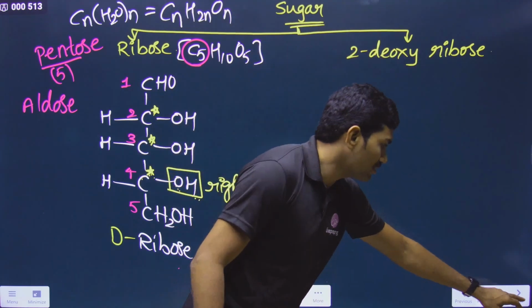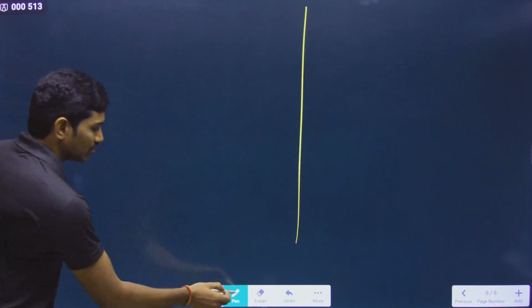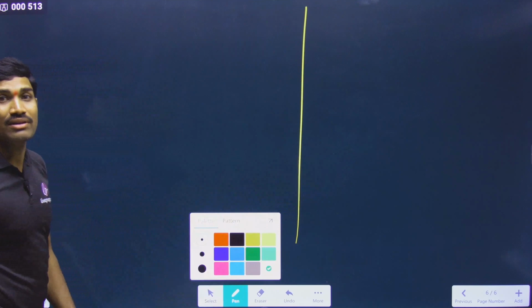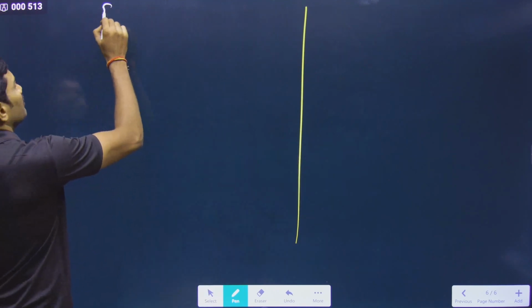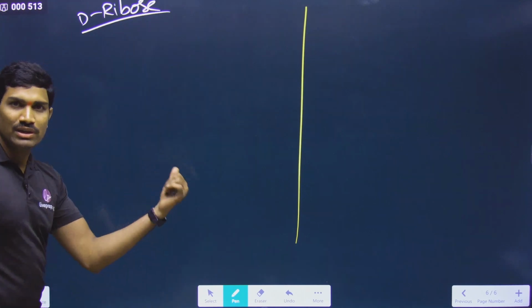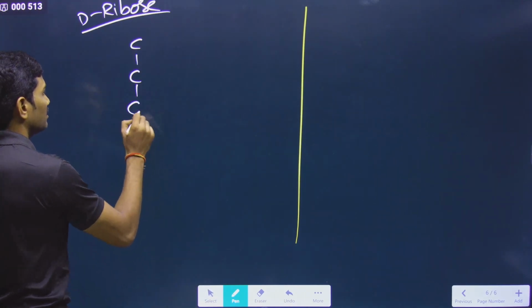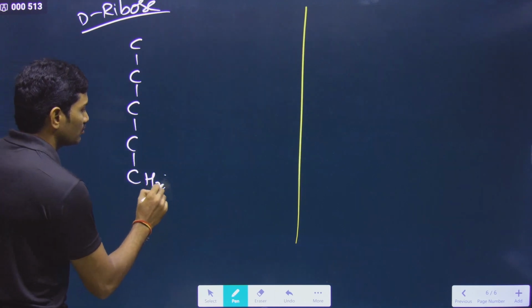What is that ring form? Now let us see this. For the same ribose, please remember this side I am writing for ribose, because on the other side I will write for deoxyribose. For ribose only we are writing here, D-ribose only. The previous one is linear, now we need to make the ring form. In the ring form, what you need to do? First carbon, second, third, fourth, fifth carbon, CH2OH.